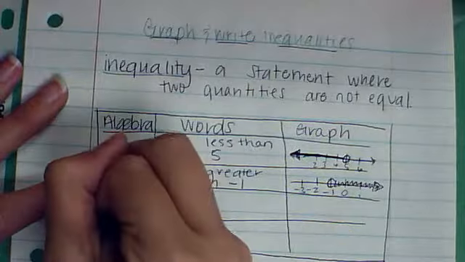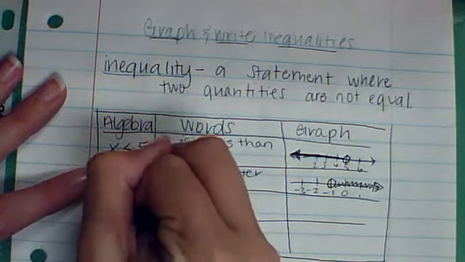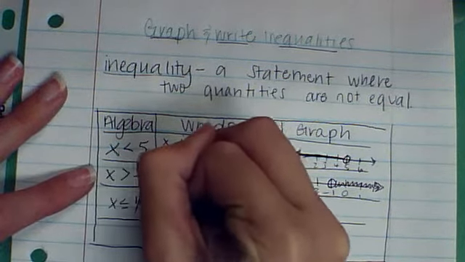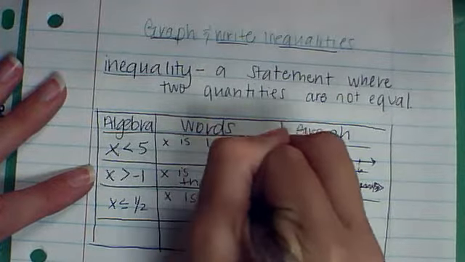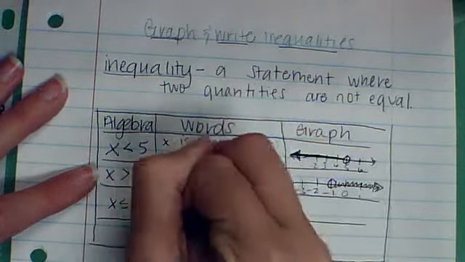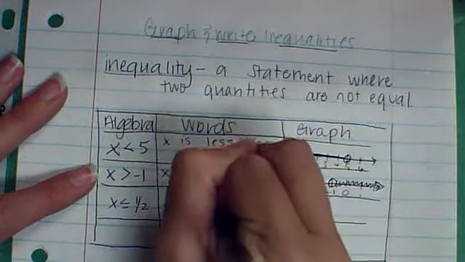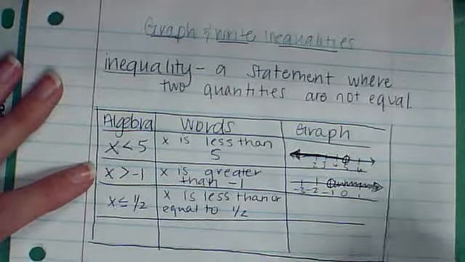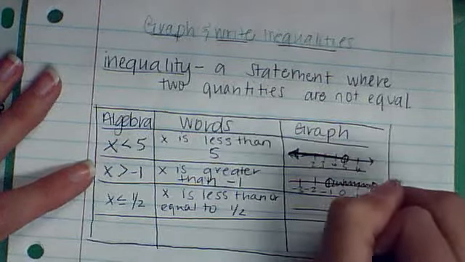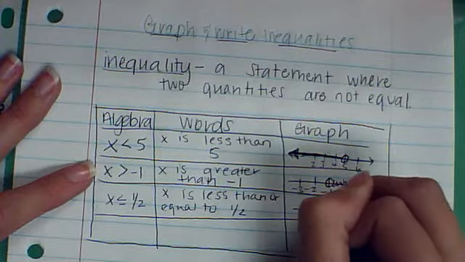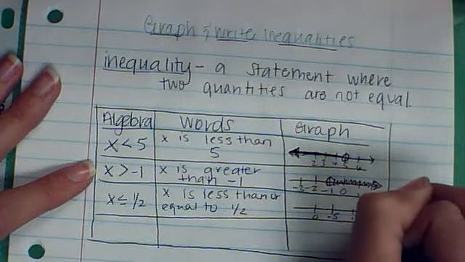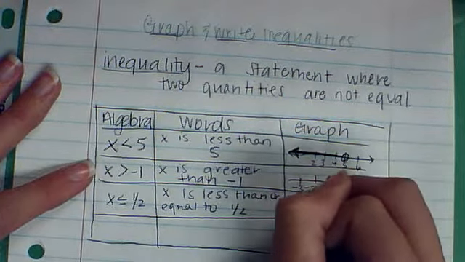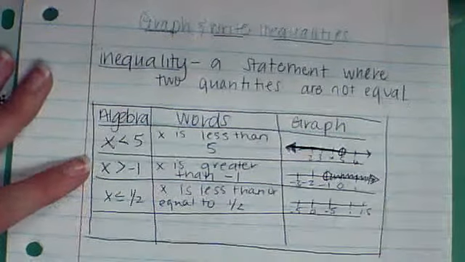The next one, x is less than or equal to 1/2. I want to draw my number line. I'm going to put 1/2 on there. I'm going to make it 0.5 just to make sure that you can see both the decimal and the fraction notation.